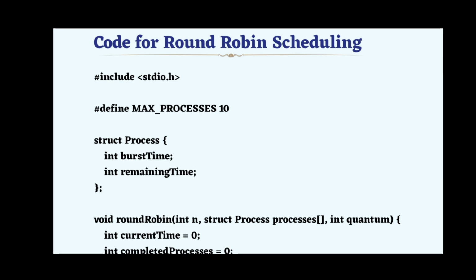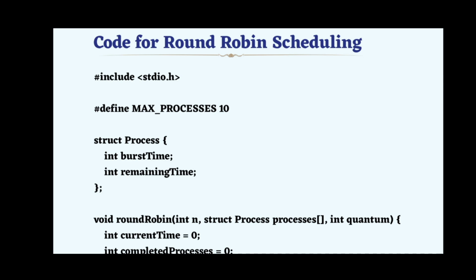Now we are creating a function, that is void, with the name round_robin, that will accept the parameters int n, that is the number of processes, struct process processes, and int quantum, that is the quantum number.